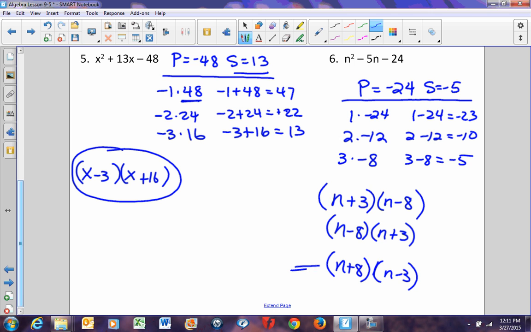The n plus 8 times n minus 3 will get you n squared plus 5n minus 24 instead of minus 5n. So you can't change the order within the parentheses. You can change the order of the parentheses. So be careful with that.